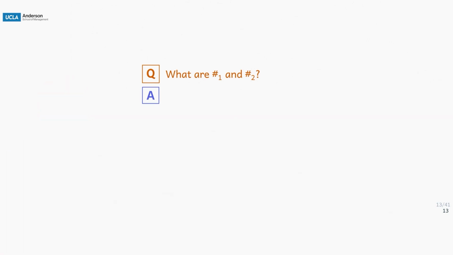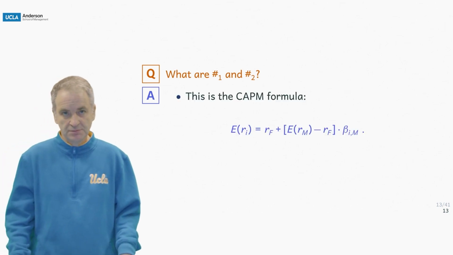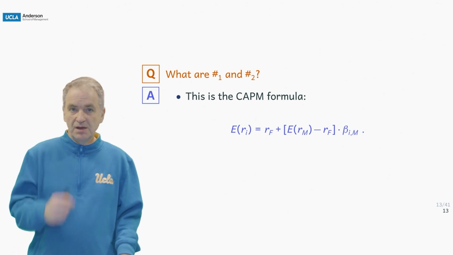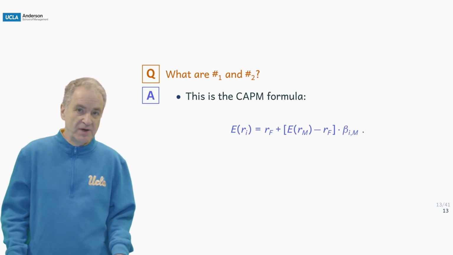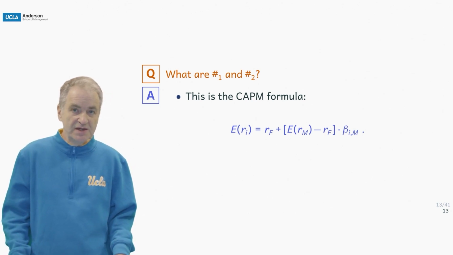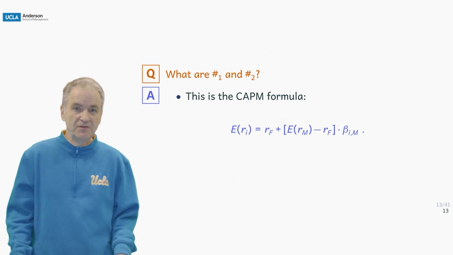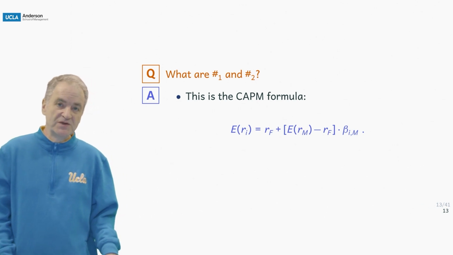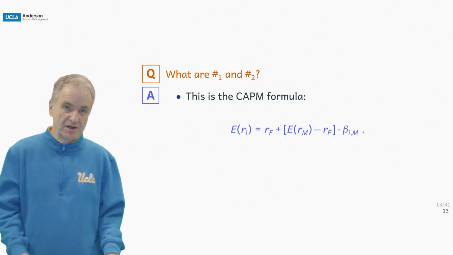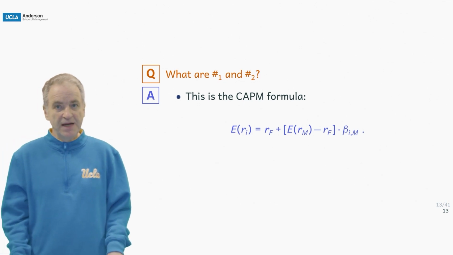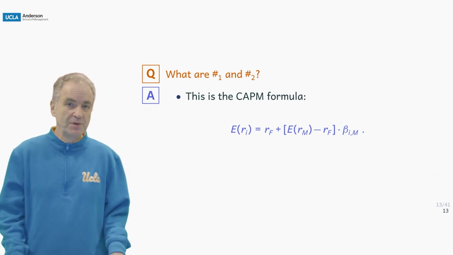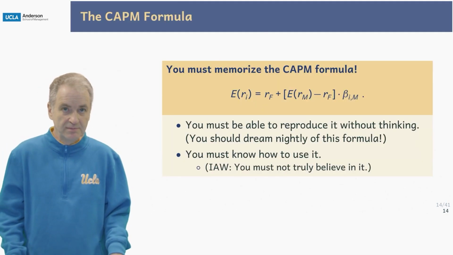Please pause this video now, answer the question on a piece of paper, and then continue. Number 1 is the risk-free rate. Number 2 is E[R_M] minus R_F. Plug in beta equals 0, and out of this formula comes R_F. Plug in beta 1, out of this formula comes E[R_M].